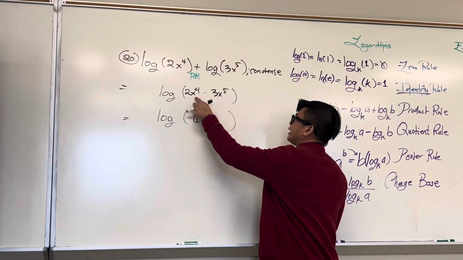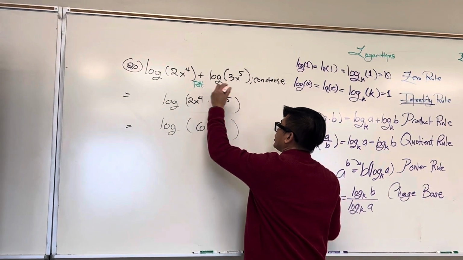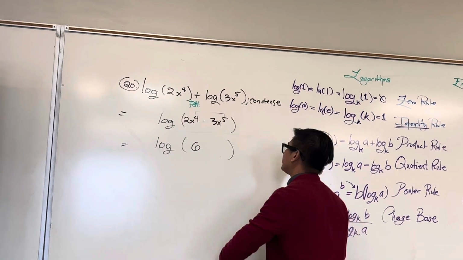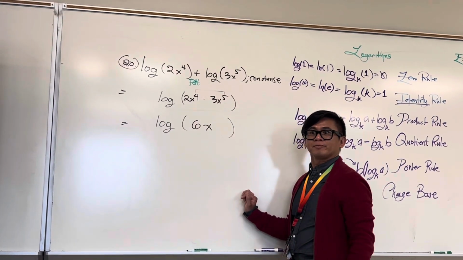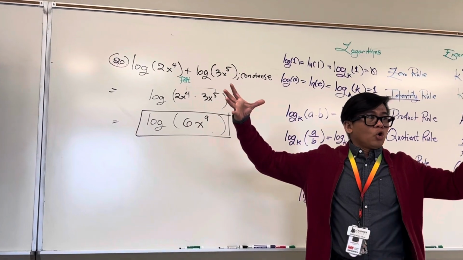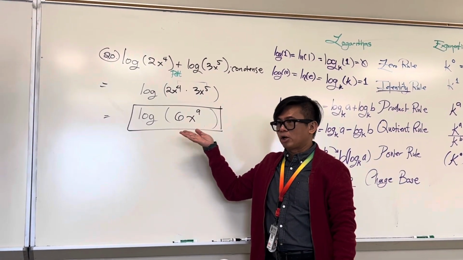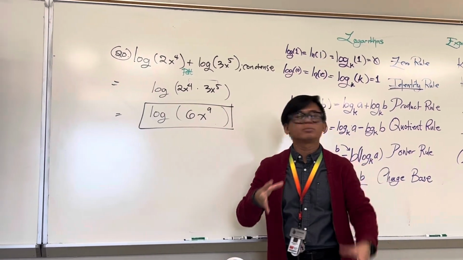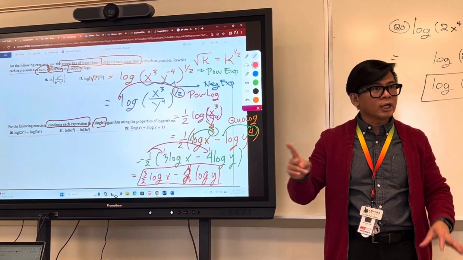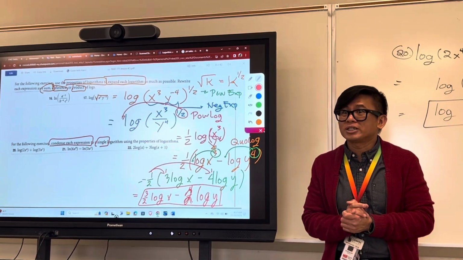What do you do with x to the fourth and x to the fifth by the exponent rule? Add the 4 and the 5. Very good. So that's x to the 9th power. So that's it. We have already condensed it into one single logarithm. We stop condensing if it's already a single logarithm. But in the expansion, we stop when the x and the y have no exponents, nothing in there. Are we good? Questions regarding that one, guys?